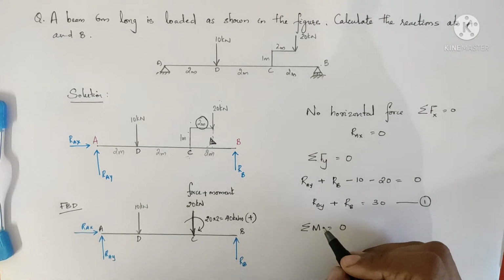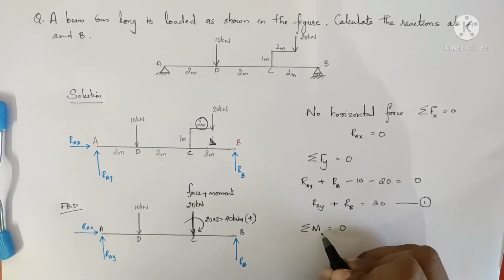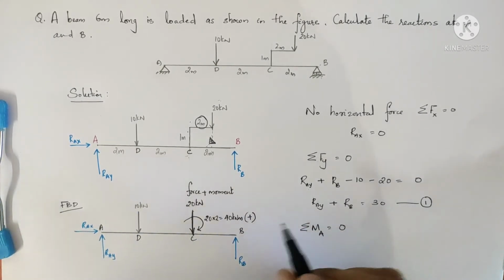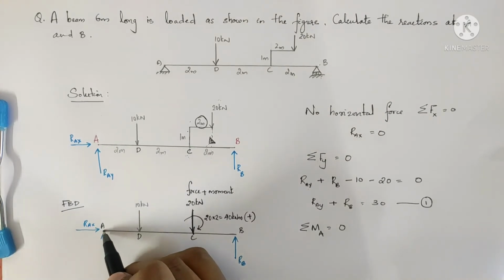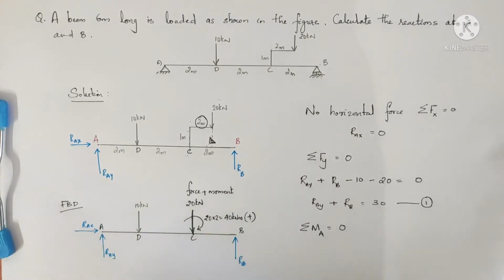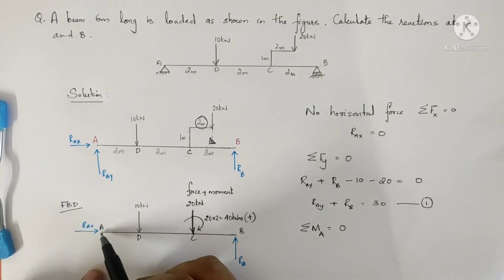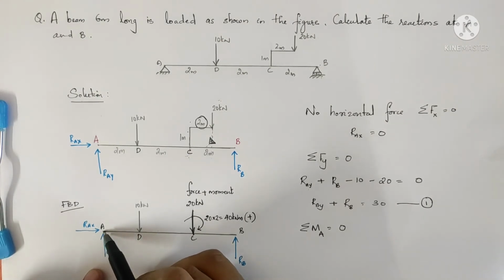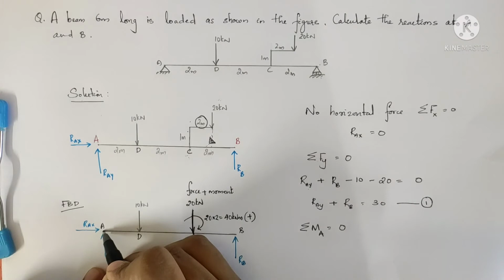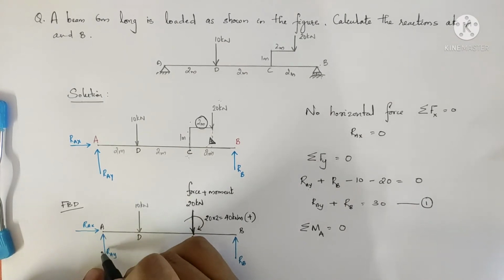Now let's take sigma M is equal to 0. Here we are taking the sum of moments with respect to point A and equating it to 0. Considering the free body diagram, RAX and RAY are passing through point A, so there will be no moment caused due to these reactions.